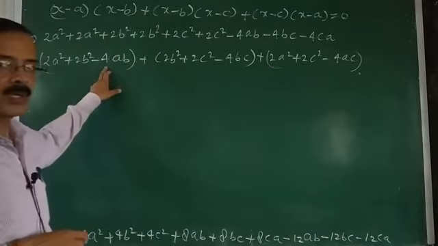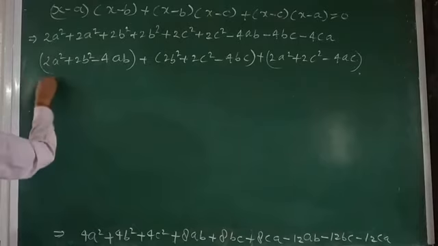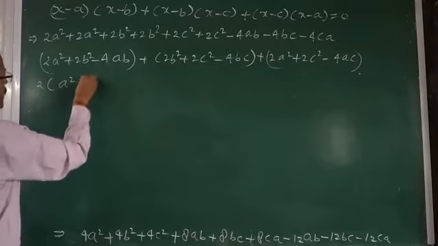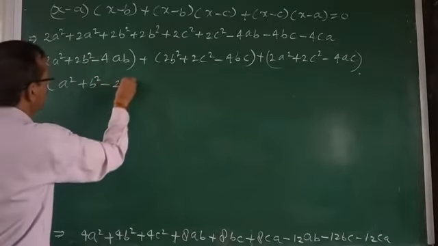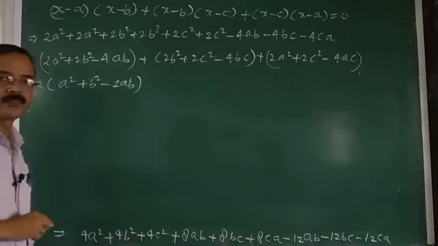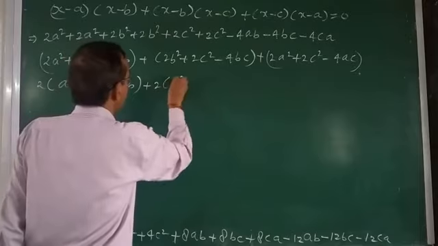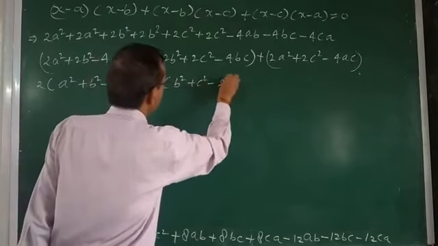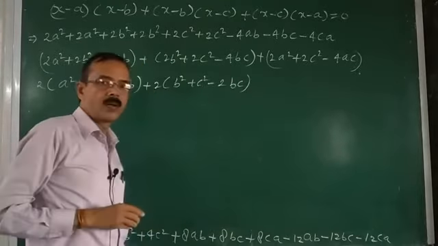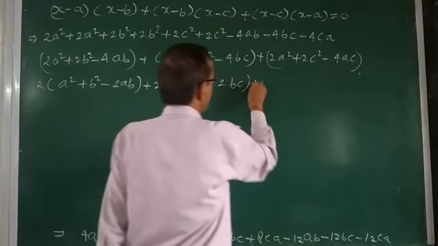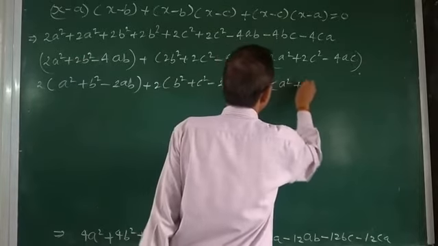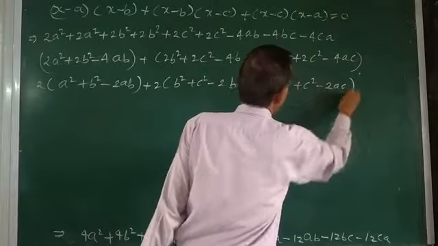Take 2 common: 2 times (a square plus b square minus 2ab) plus (b square plus c square minus 2bc) plus (a square plus c square minus 2ac).